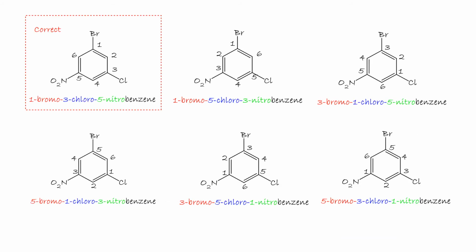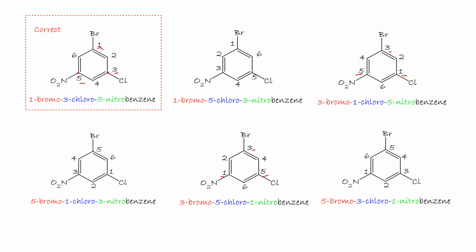For this compound, we have 3 substituents, Br, Cl, and NO2. And the number system will be 1, 3, 5. Or we give the Cl 1, 3, 5, or in the other case we give 1 to nitro, 1, 3, 5. So in the 3 cases we have 1, 3, 5, sum of 8.